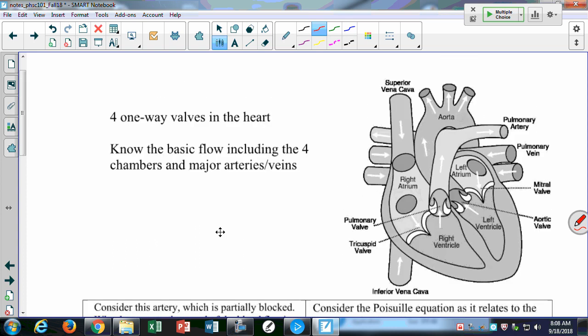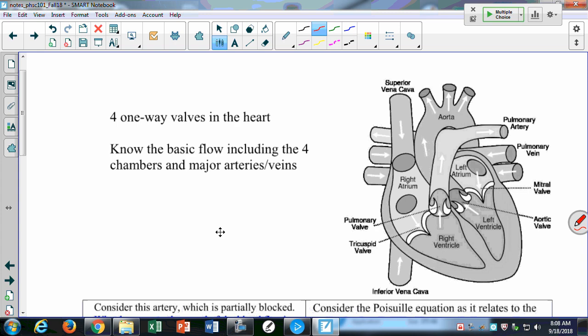This is a picture of the heart you have in your book, and it shows the different parts. So here's the right atrium and the left atrium. You get that used blood, which comes into the vena cava, goes into the right atrium, and then where does it go from there? The right ventricle.